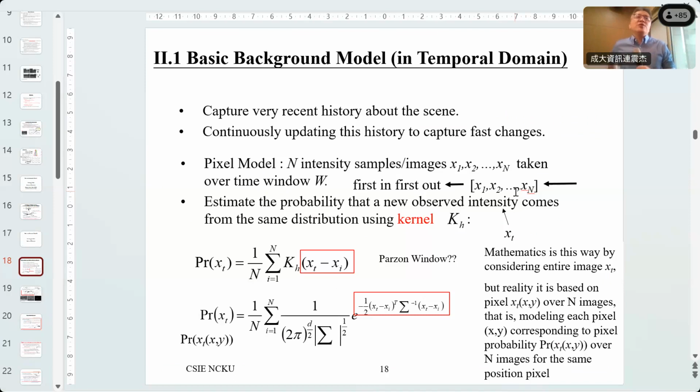So which one will be better in reality? Median is better. Why? Because median filter is better than average filter. Why? In the other class, I'll teach them. I suppose in this class everybody already learned image processing.